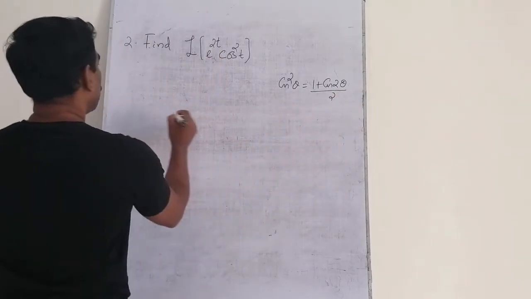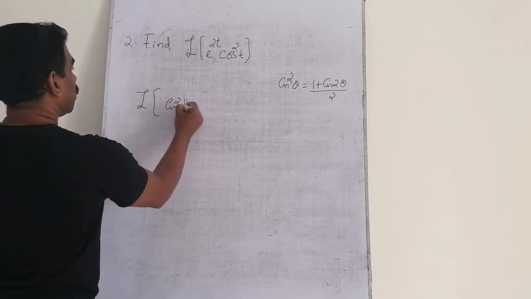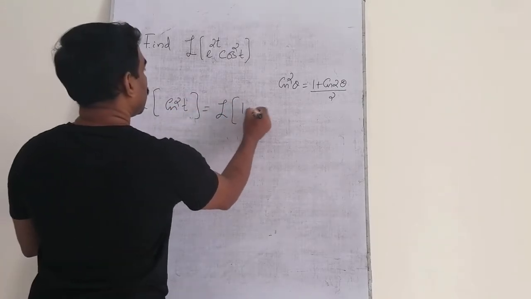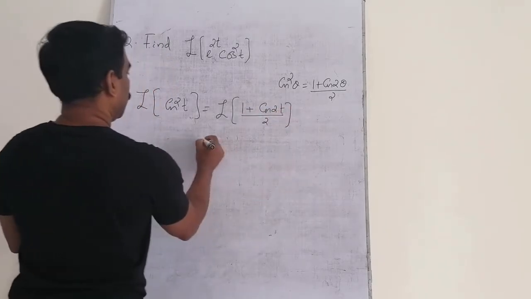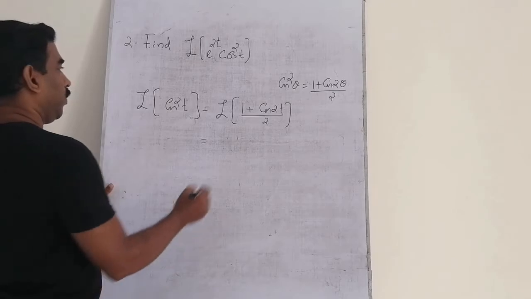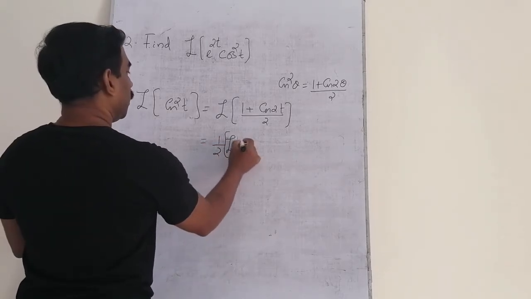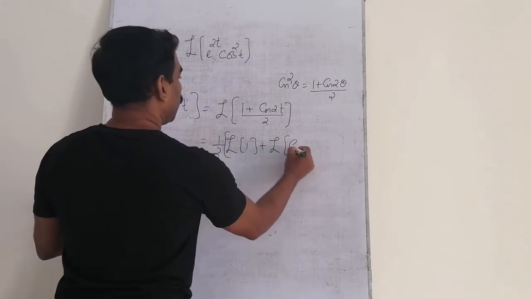So the Laplace transform of cos² t is equivalent to Laplace transform of (1 plus cos 2t) divided by 2. Applying the linearity property, this is 1/2 into Laplace transform of 1 plus Laplace transform of cos 2t.